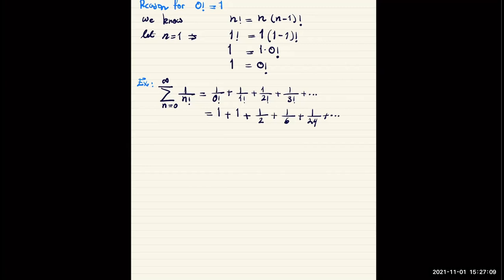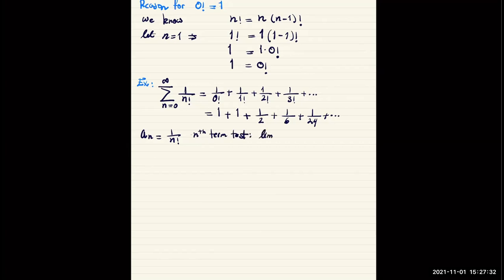If I let a sub n be 1 over n factorial, you begin with the nth term test. Always begin with the nth term test. Do that in your head, you don't need to write this down.